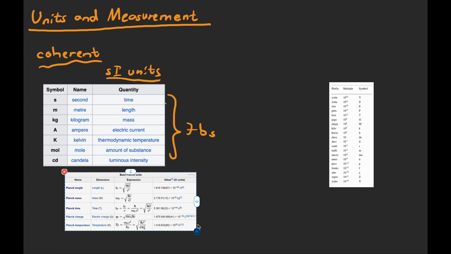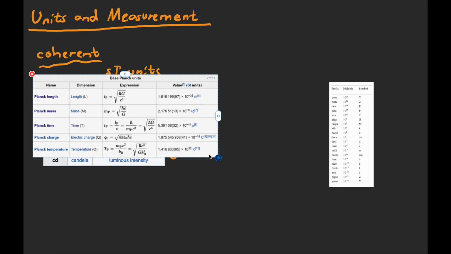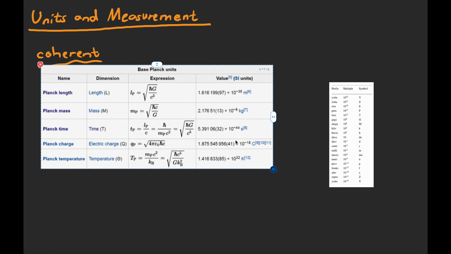For example, you have the base Planck units. This is usually used in quantum level stuff. You don't have to know this for TIL, but I'm just showcasing it so you have an idea that anything can be defined in any way.